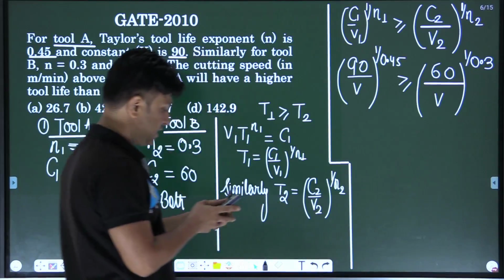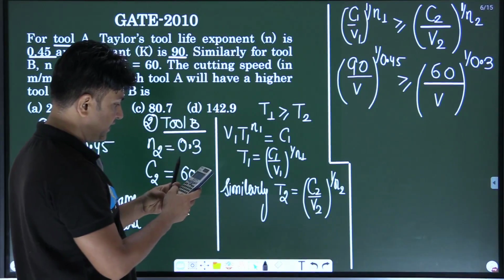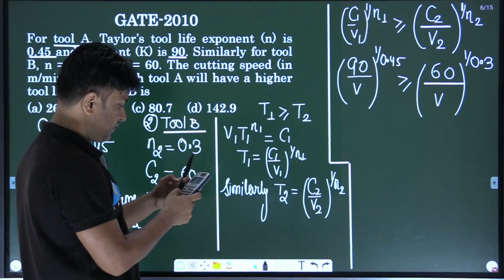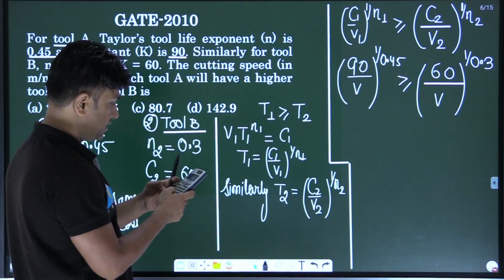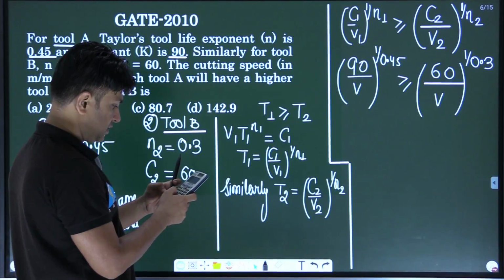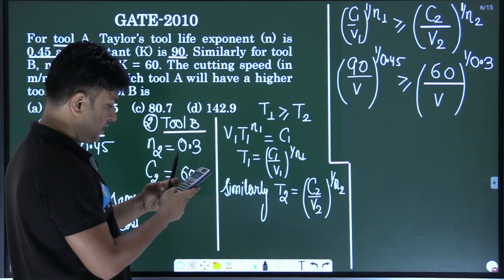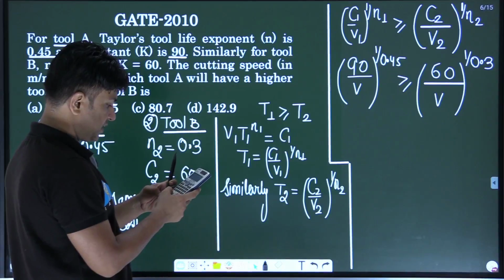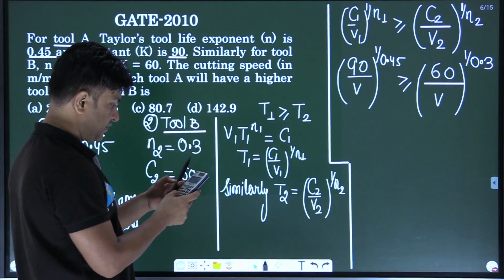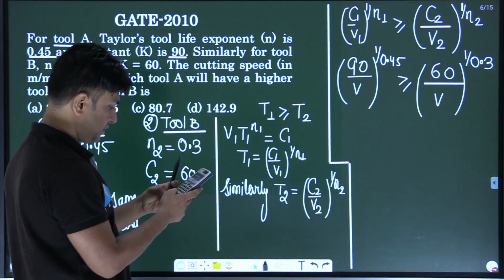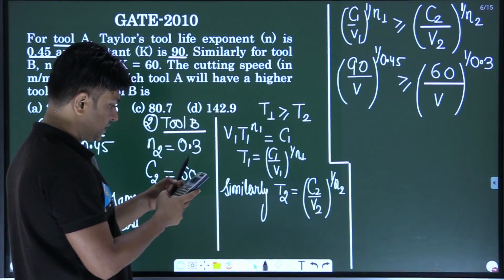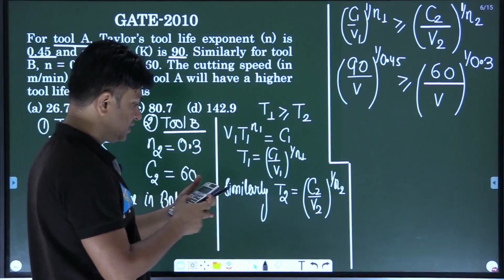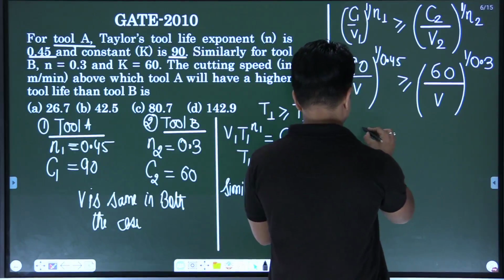So let me calculate with the calculator. Enter 90 divided by alpha x to the power 1 divided by 0.45, alpha equals, bracket 60 divided by alpha x, bracket close, to the power 1 divided by 0.3, shift solve equals. So you will get the velocity.